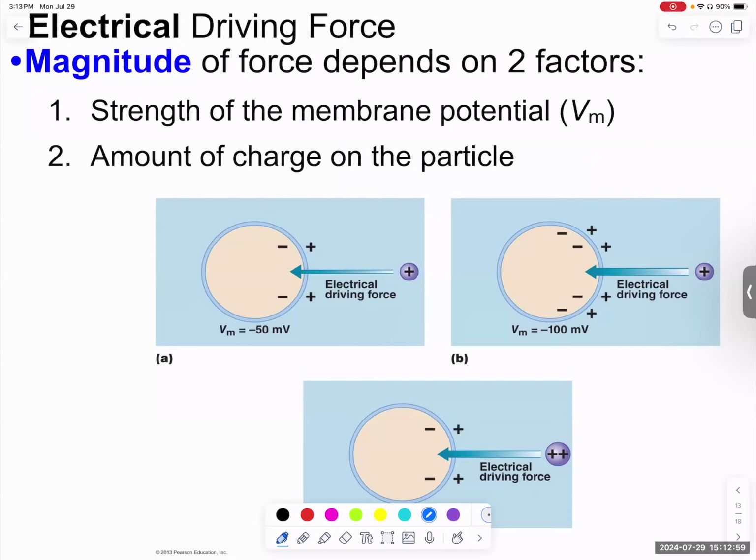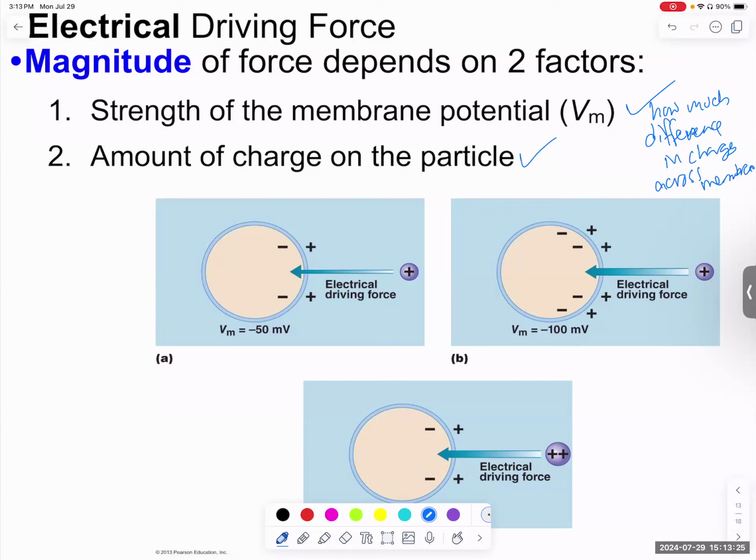So the magnitude, the strength of the membrane potential, which is how much difference in charges across the membrane, how much more negative than positive is it across the membrane? And then the amount of charge on the particle.